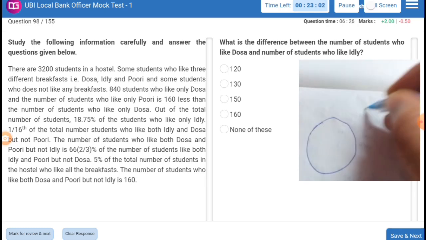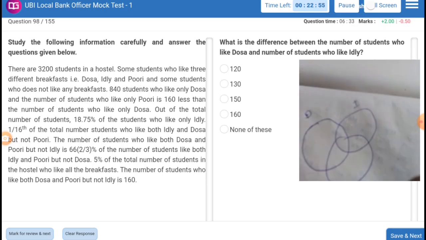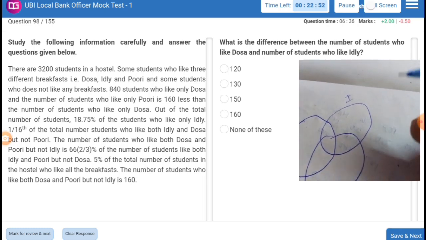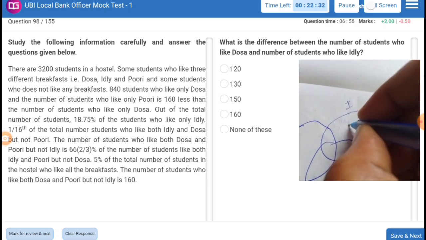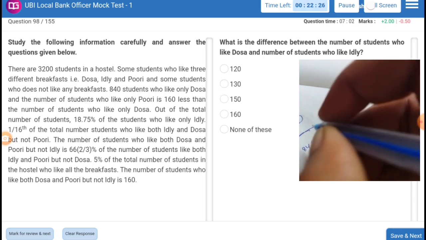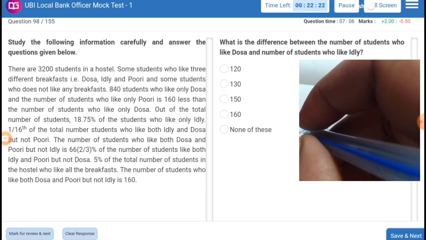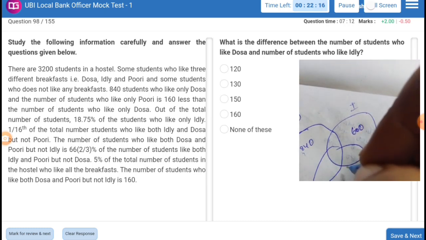Let's see once again, that is dosa, idli, puri. $600. Puri is 160 less than only dosa.